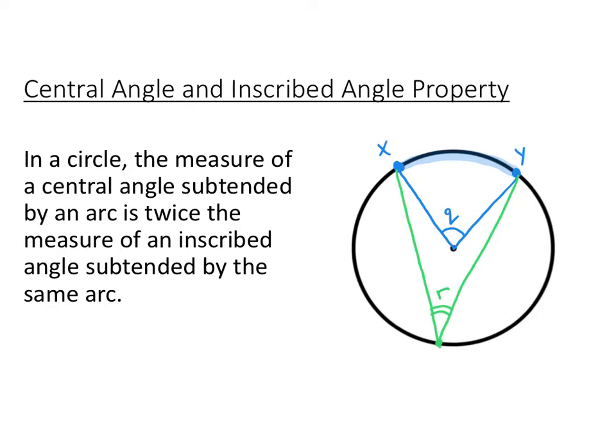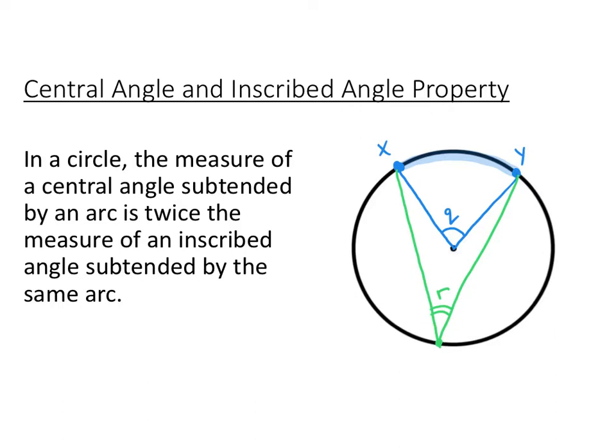And we have a relationship. The central angle is twice the measure of an inscribed angle. So all these fancy words just mean if we have an arc with a central angle and an inscribed angle, the central angle is going to be twice as large as the inscribed angle.